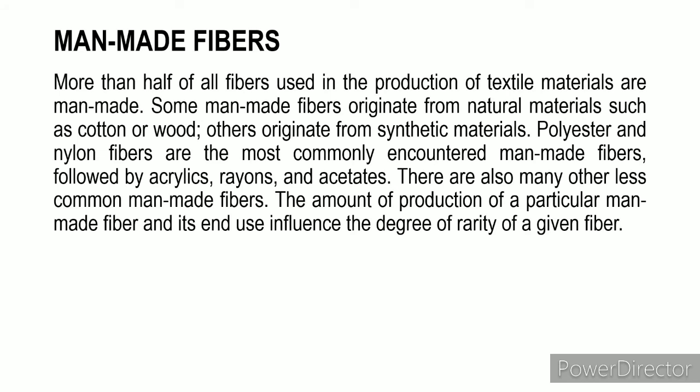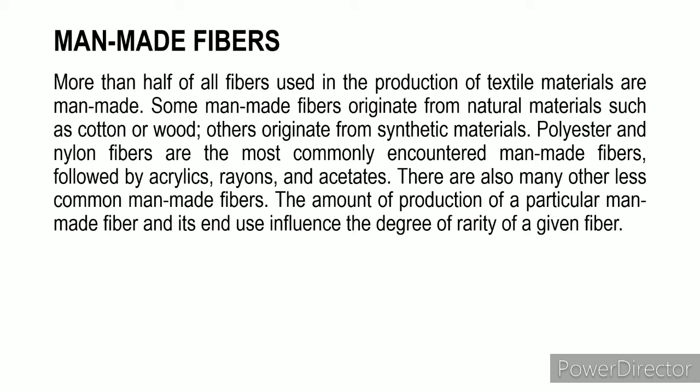Man-made fibers. More than half of all fibers used in the production of textile materials are man-made. Some man-made fibers originate from natural materials such as cotton or wood. Others originate from synthetic materials. Polyester and nylon fibers are the most commonly encountered man-made fibers, followed by acrylics, rayons, and acetates.